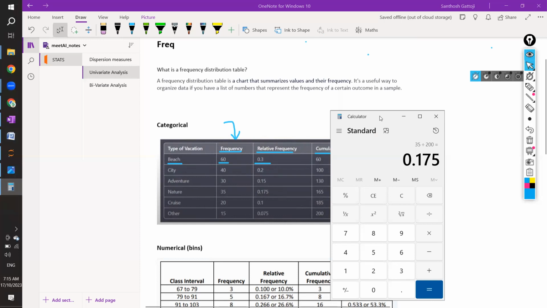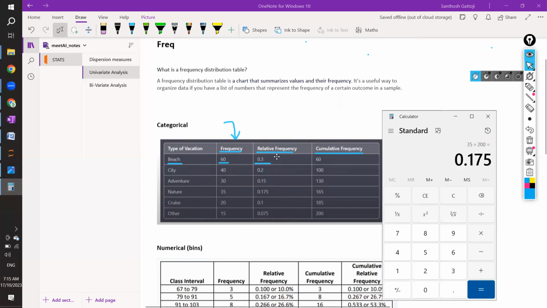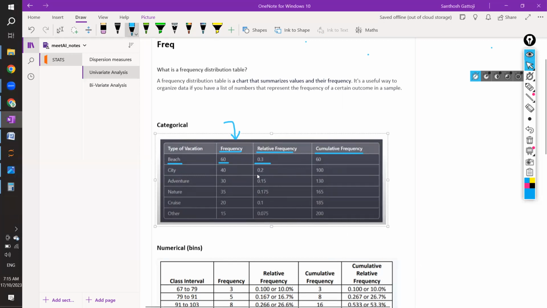Getting relative frequency? Yes, sir, understood. It is just the value by the sum, and the sum is 200. Relative frequency is its portion, its contribution in the overall value.